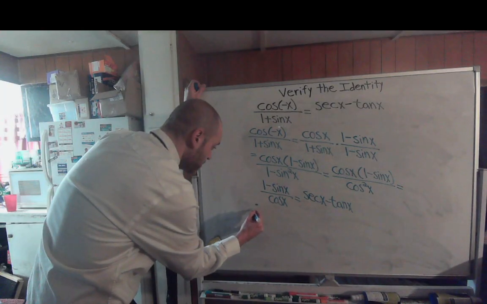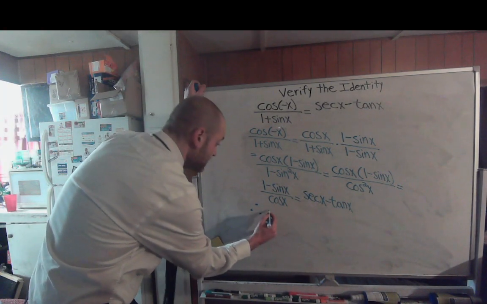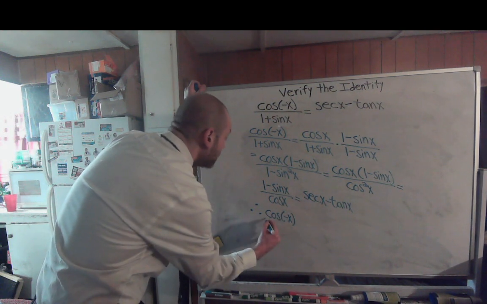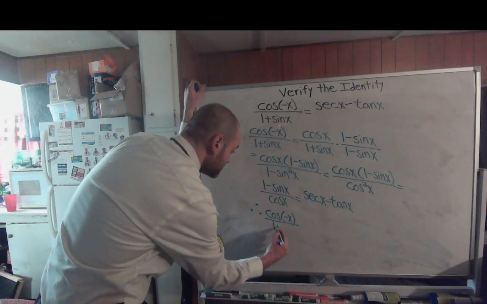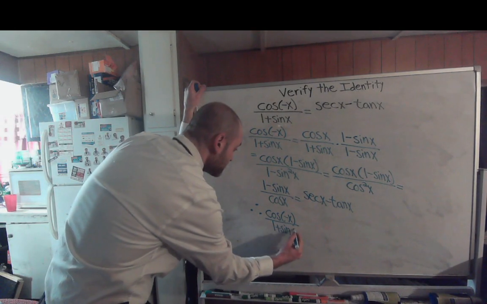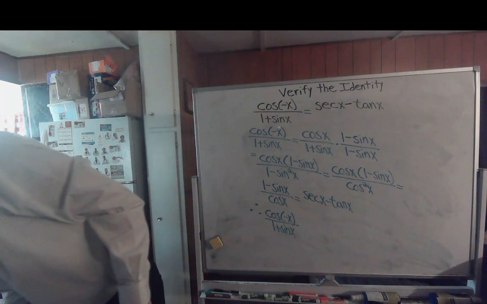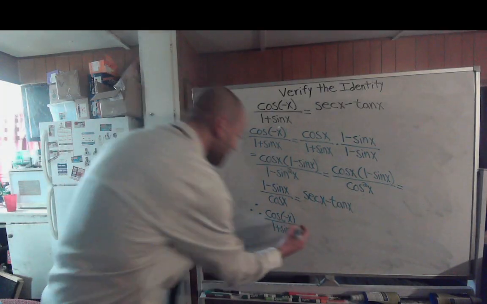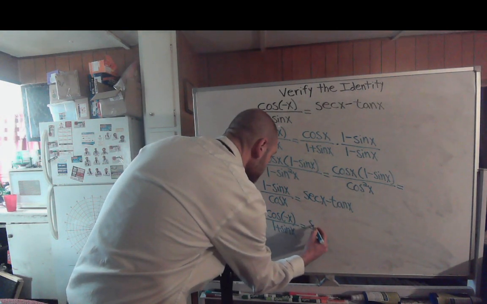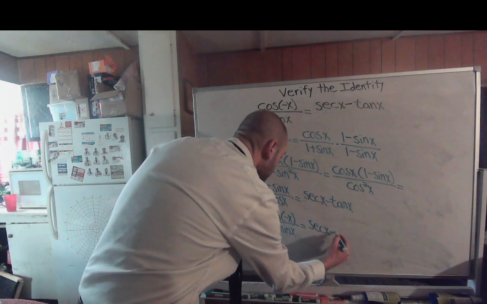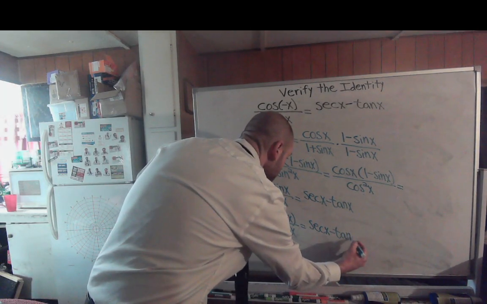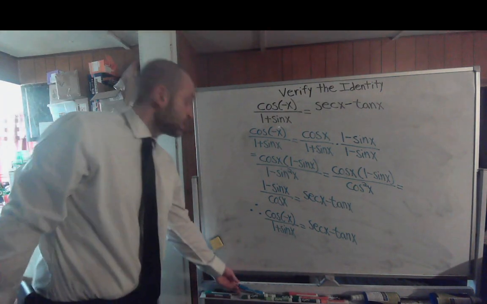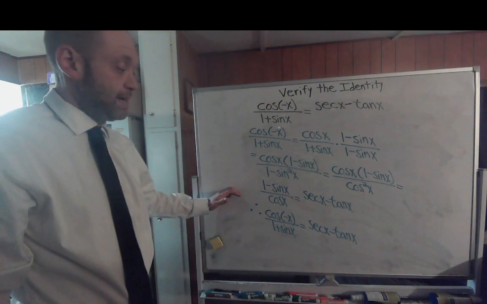Therefore, we can say that the cosine of negative x all over 1 plus the sine of x equals the secant of x minus the tangent of x. So there is that identity.